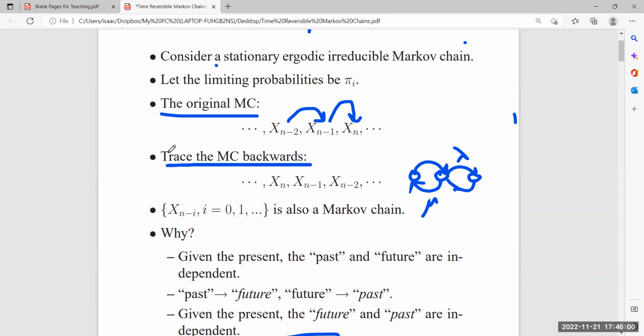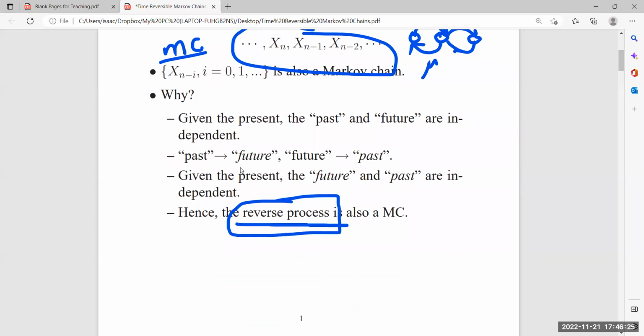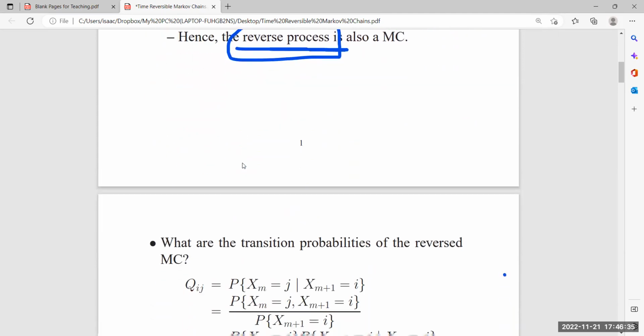When we can also do the reverse, meaning that we can start at this point and go in this direction, then we refer to it as a time reversible Markov chain. So we are assuming that this is a Markov chain, and we're also assuming that this here is a Markov chain. Those two are Markov chains. The basic idea is that if you could move forward, you can move backwards as well. That's the basic intuition behind the process.